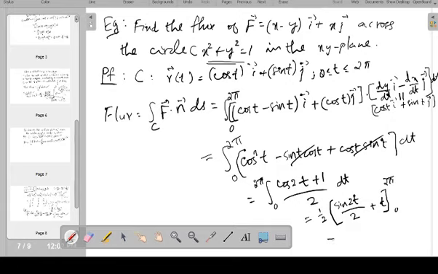Which is equal to, sin in the upper limit is 1 by 2 plus 2 pi, minus in the lower limit it is 0.